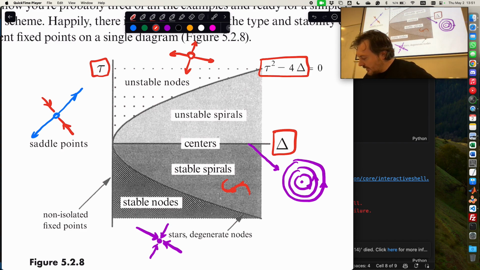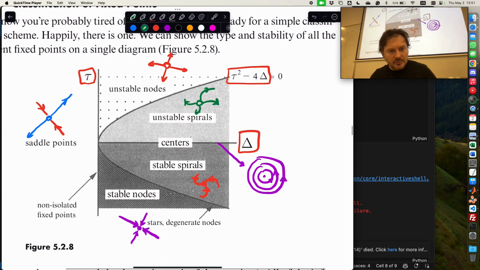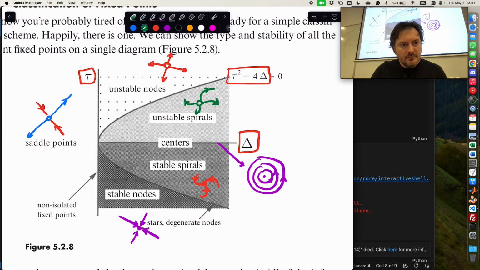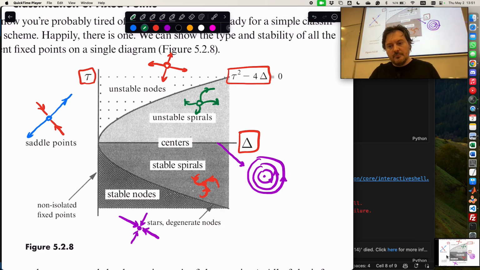You are going to spiral in. And if you are over here, you have an unstable spiral. You are going to spiral out of that trajectory. Do you have any questions related to this? So that is the main graph, and I want to get a screenshot of it in case we need it. Okay.